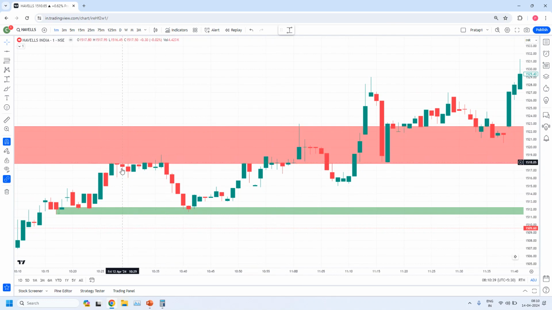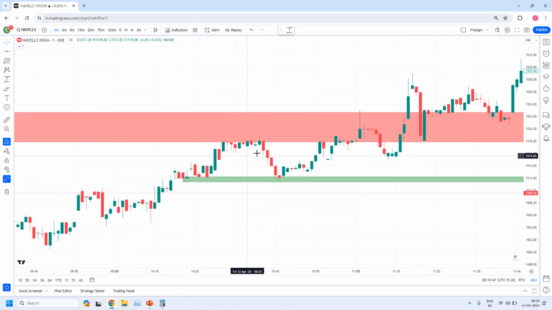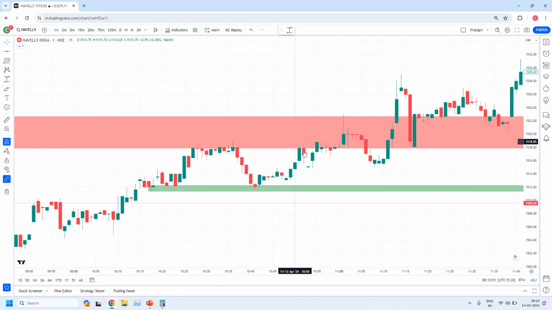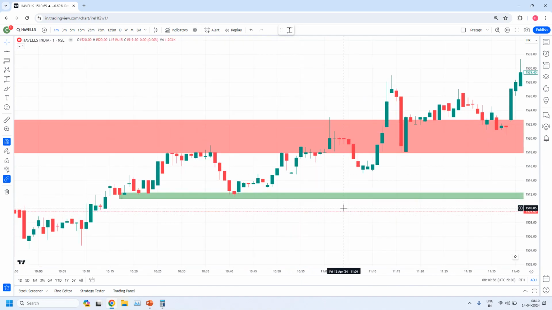In case you would not have exited here, if you feel I want to grab more profit, you have to use a trailing stop loss. Those who are happy would have exited here. Those who want to grab more profit would probably have gone for this trailing stop loss. After that, again you have a drop base rally.